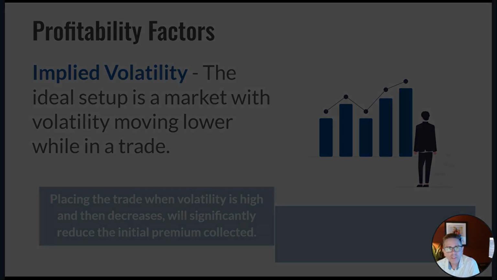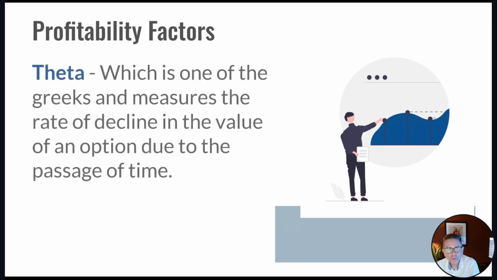All right, profitability number two is theta, part of the Greeks, and it measures the decline in the value of the option due to the passage of time. That's what we just talked about. We talked about 68 days, but now we're talking about 6 hours. When you're trading 0 DTE, it's really a 6-hour time frame, and you get in and you get out, and you're done.